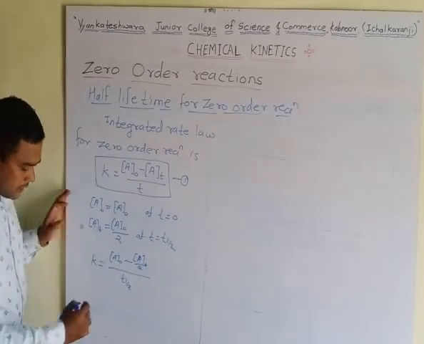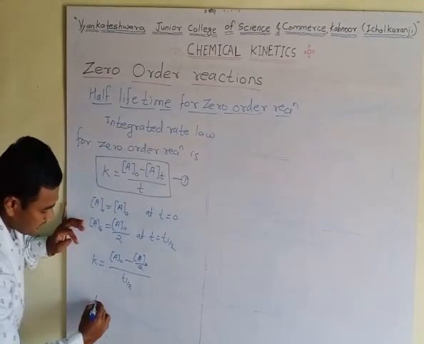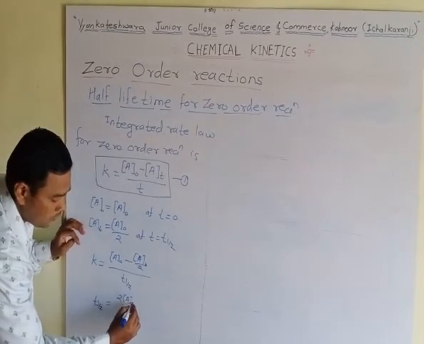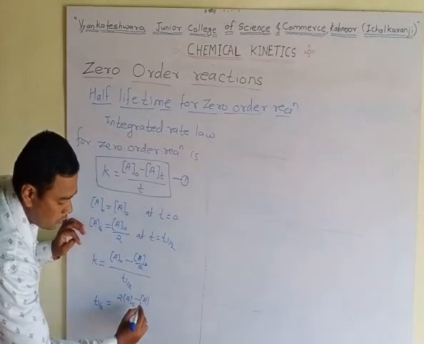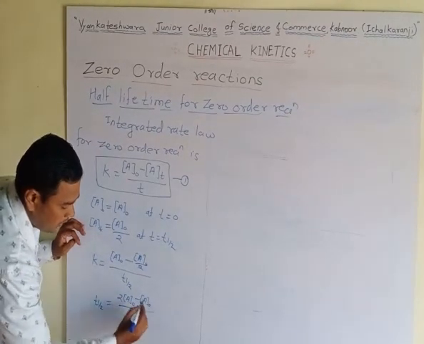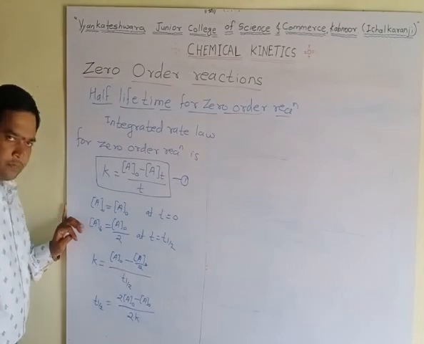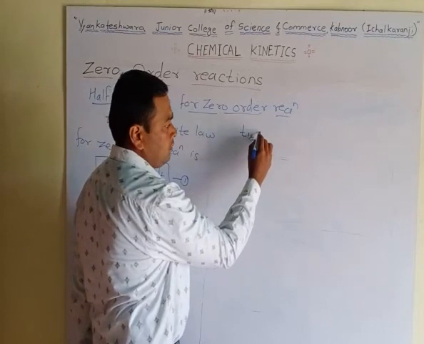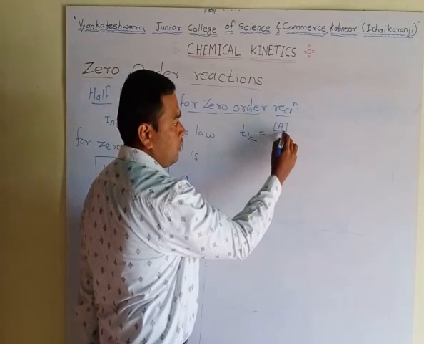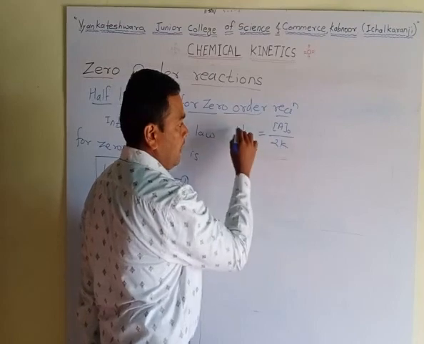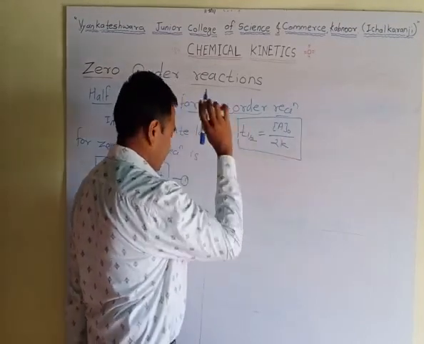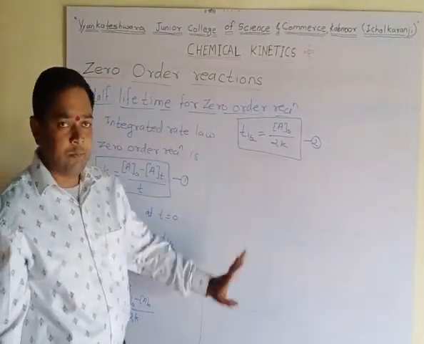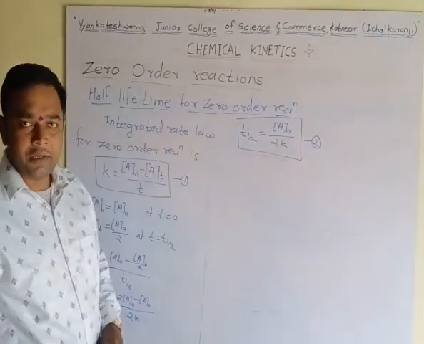Then after solving this equation, taking t half on the left hand side, t half equal to A0 upon 2K. And this equation number 2 is the half-life time or half-life period for the zero order reaction.